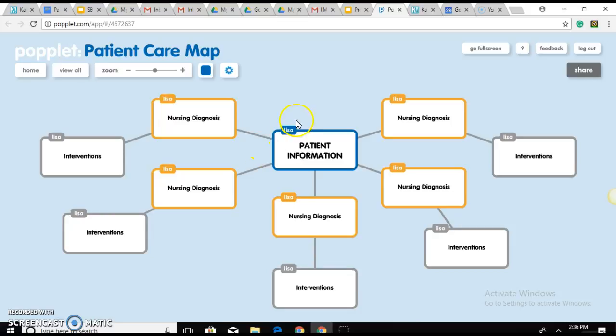So they did the concept mapping, and this concept mapping is important to help evaluate the students' thinking patterns according to Billings, and also it helps me as an educator to determine the learning needs of that student.